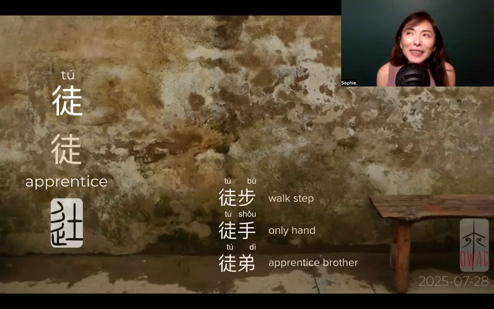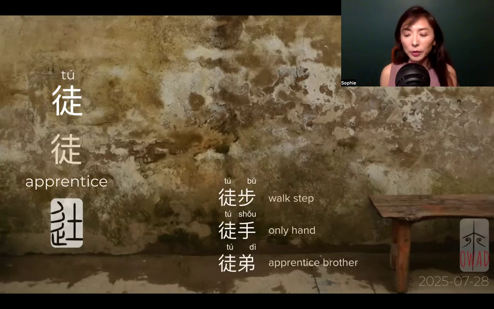Okay, 徒手. As we said, even if we use a foot image to express hands-on, you're actually doing it in person or by yourself. And in this case, 徒手 actually has an extra layer of meaning. It means that you're using everything on you already. You're not using any additional help, resources, tools to help you with something.